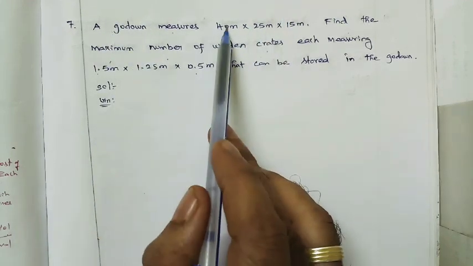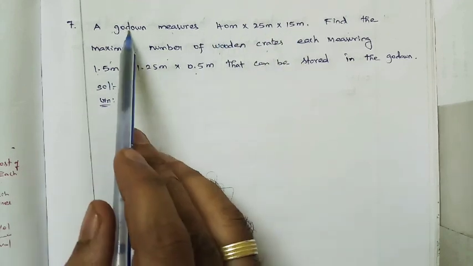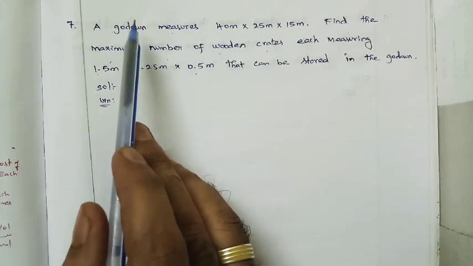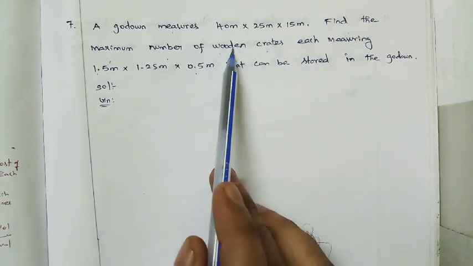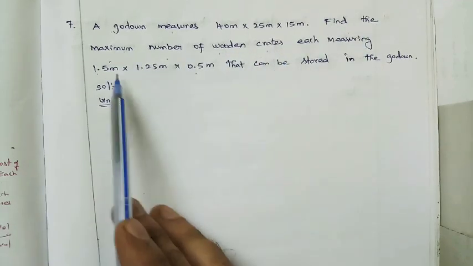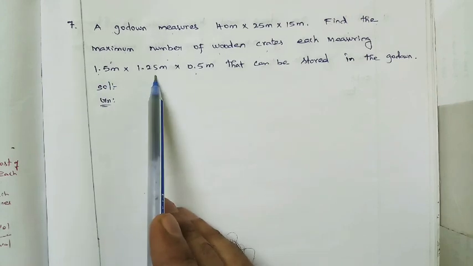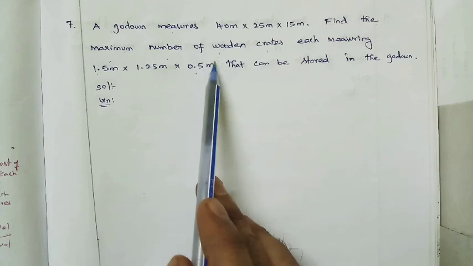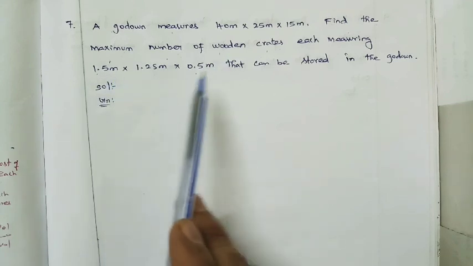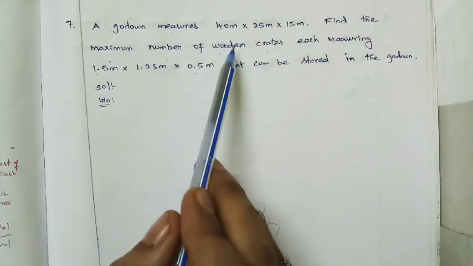Cuboid, right? Length, breadth, height given. What is the shape of a wooden crate? 1.5 meter into 1.25 meter into 0.5 meter. So the wooden crates are also cuboid shaped.